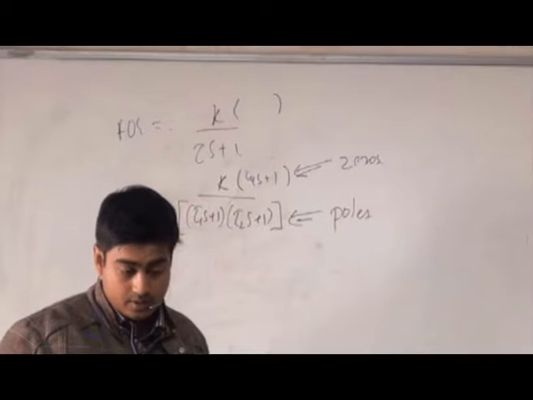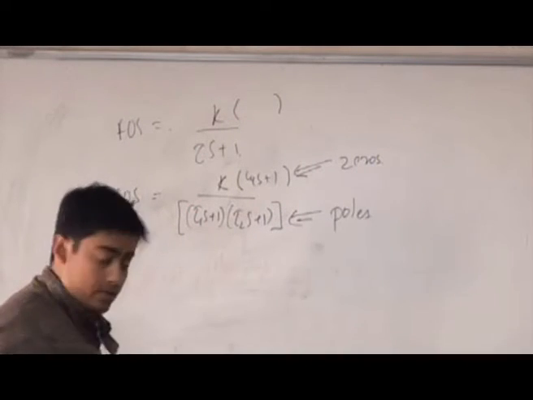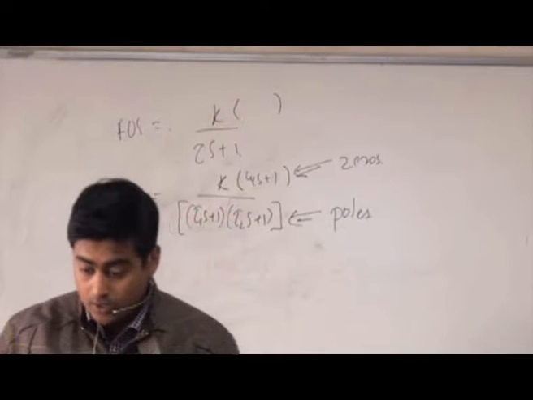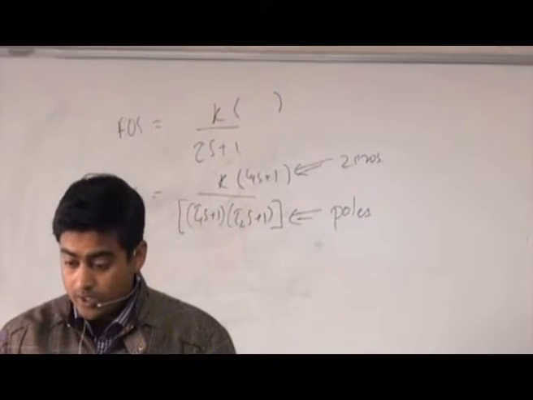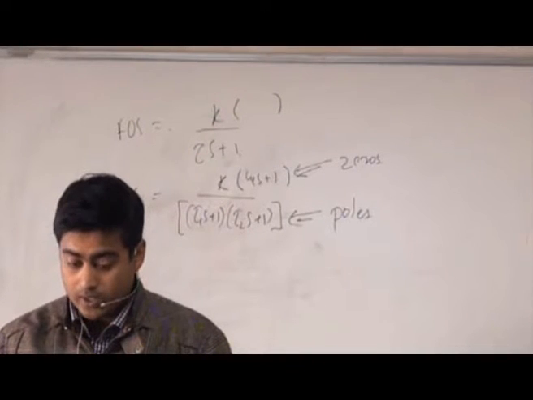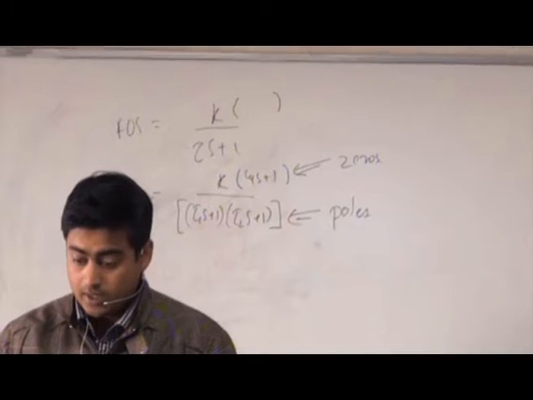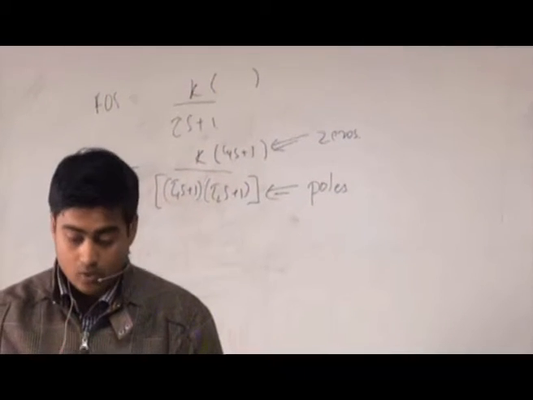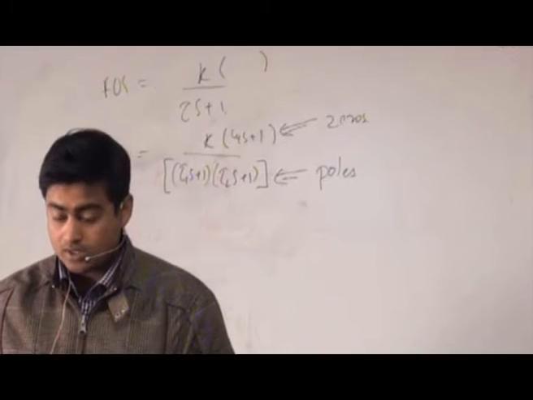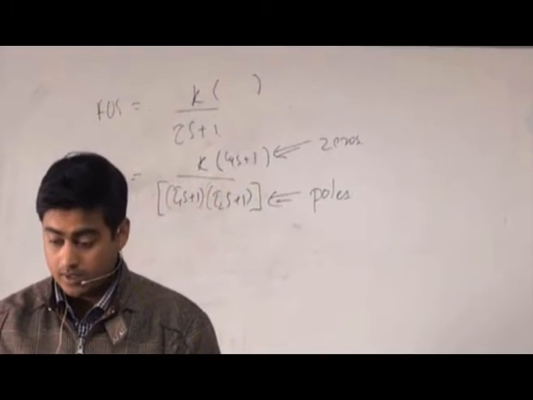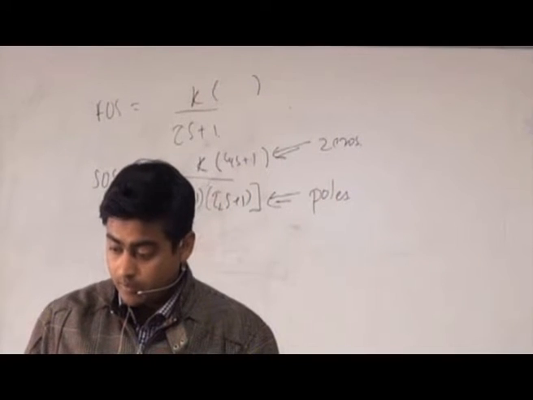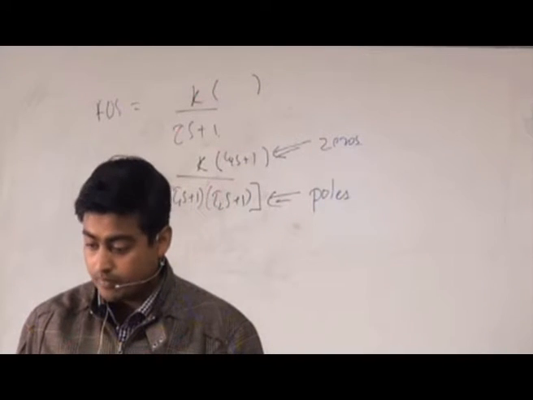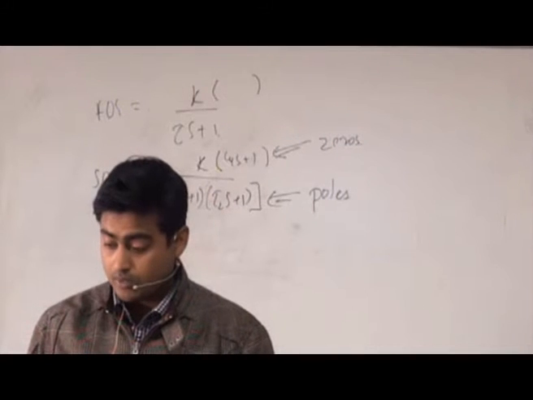So if we take a look at the equation which is displayed on the slides, we have a combination of three polynomials. One is just a simple integrator, the second is a first order system, and the third is a second order system. If we club them all together, we get a fourth order system. Computing the roots of these polynomials, there would be four roots because of having a fourth order system.